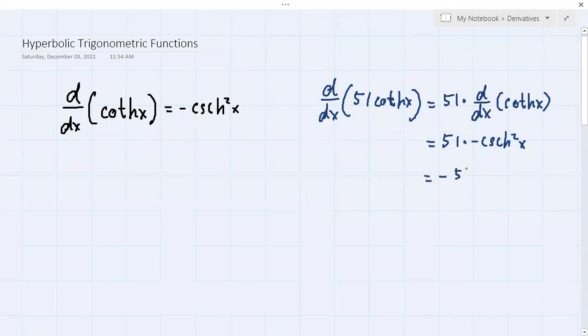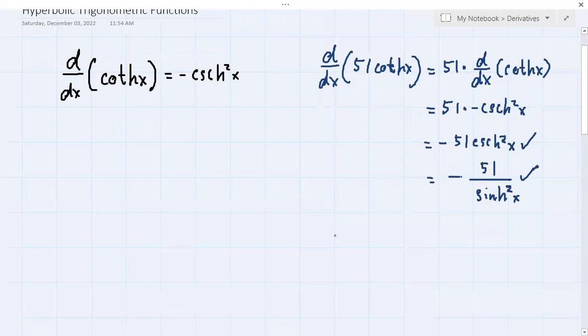So, magiging negative 51 times cosecant h squared x. So, pwede ito final answer. Or, you can just simply write negative 51 all over sine h squared x. So, pwede na to as your final answer.